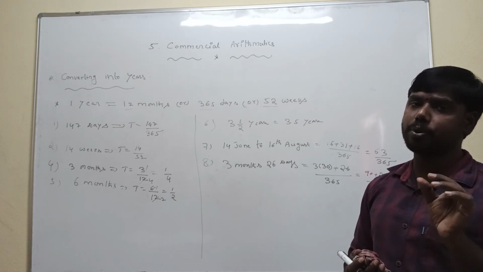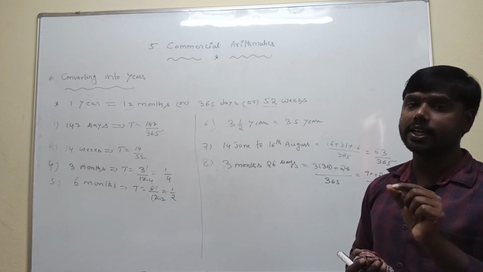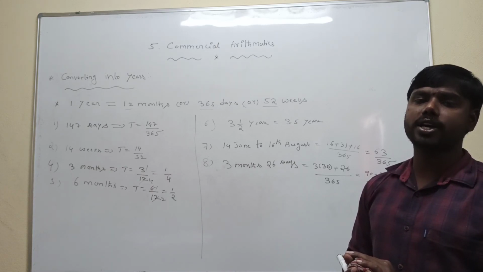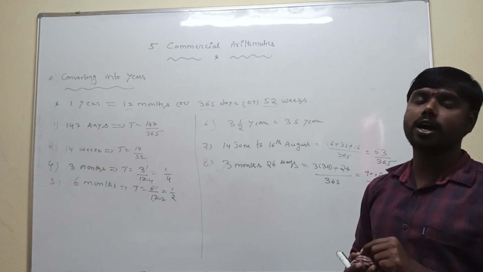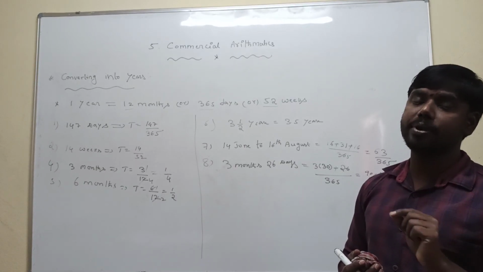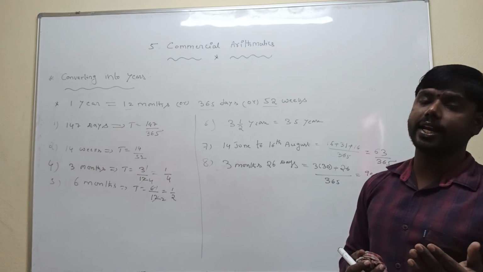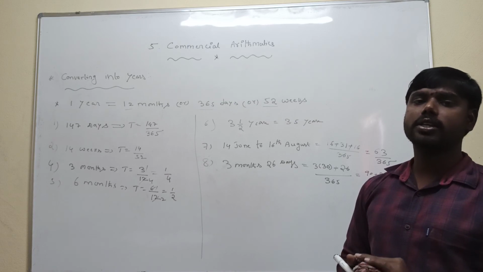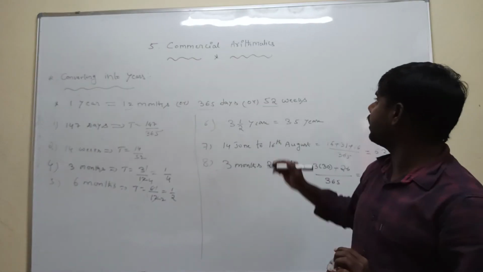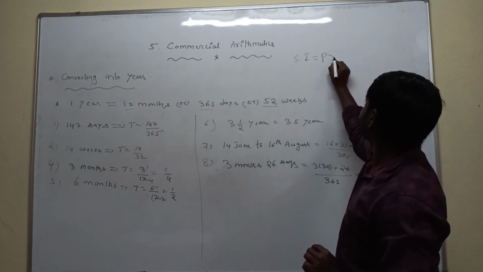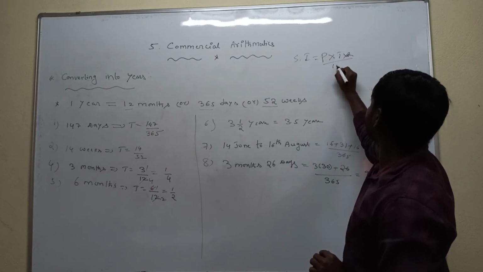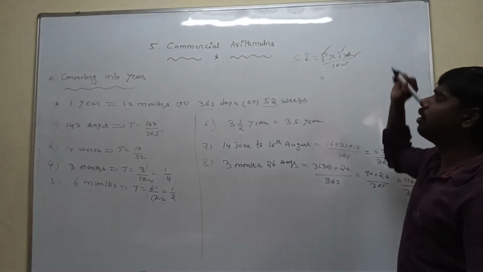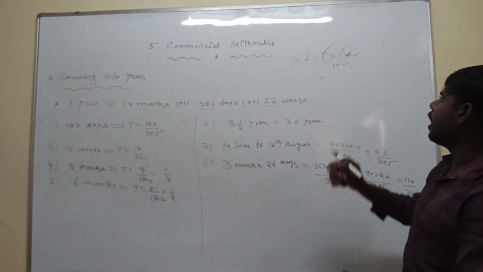Simple interest means when the interest is calculated every year or every time period on the original principal, the sum at the beginning of the first year, that is called simple interest, S.I. The simple interest formula is PTR by 100. P is principal, T is time, R is rate of interest in percentage, divided by 100.